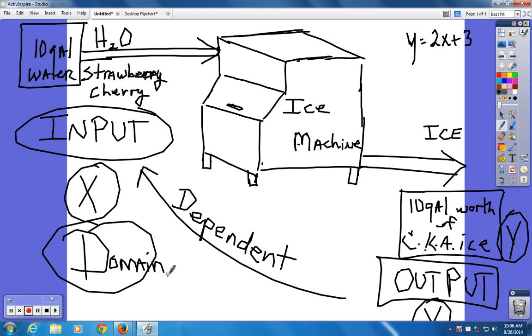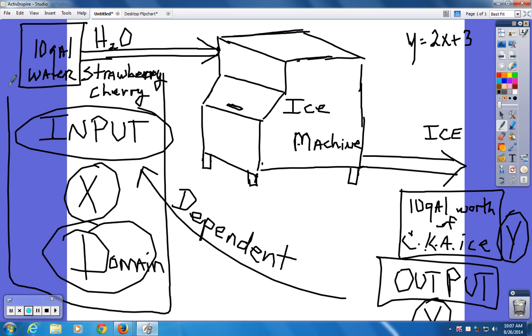All right, input. X, domain. All of these things over here represent the input of a function. The phone's going to ring again. Better turn it down.